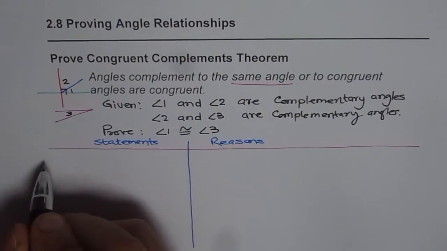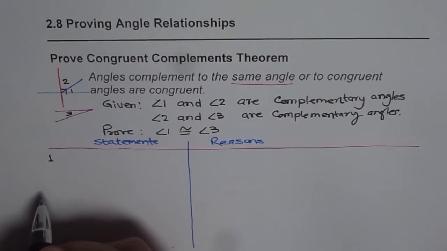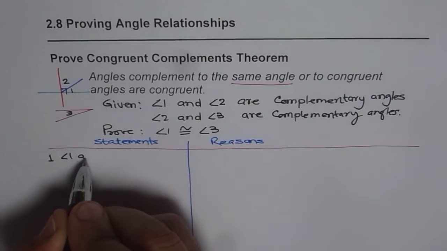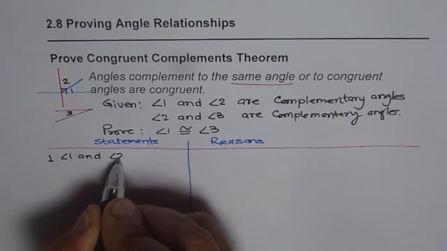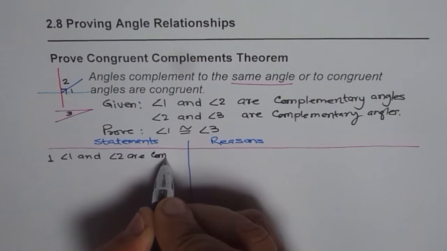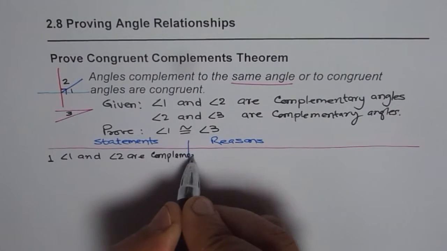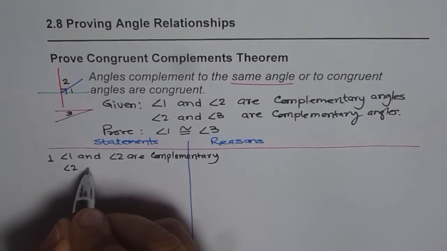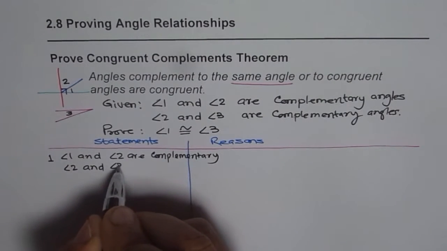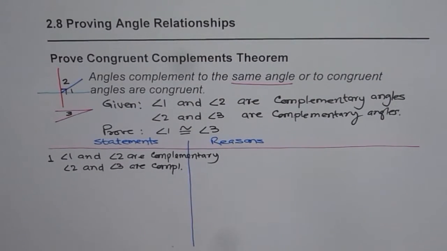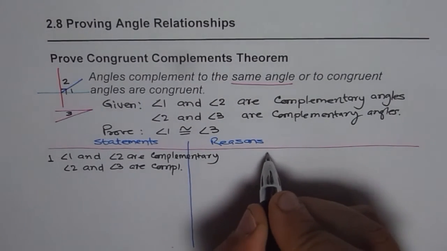Now let's begin with what is given to us. What is given to us is that angle 1 and angle 2 are complementary. We are also given that angle 2 and angle 3 are complementary, right? The reason is given.